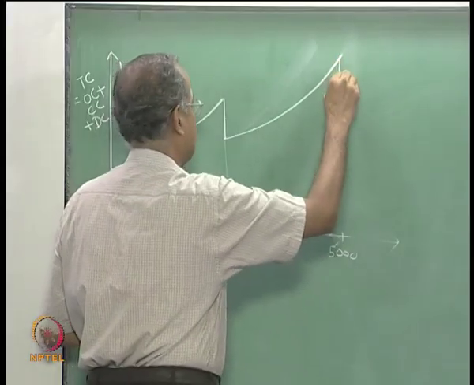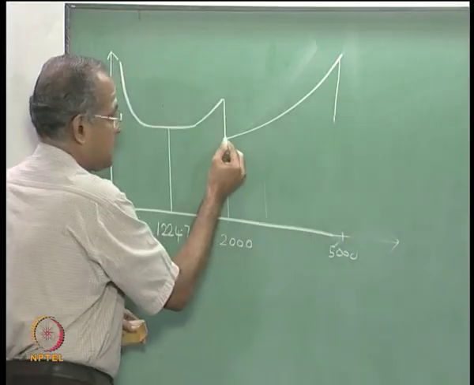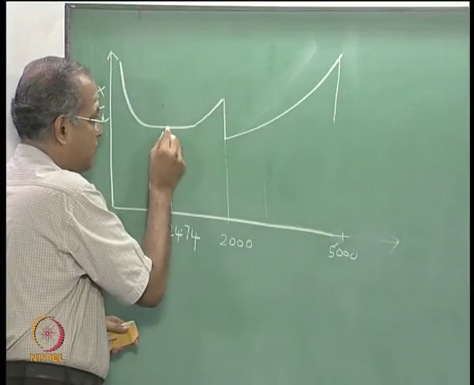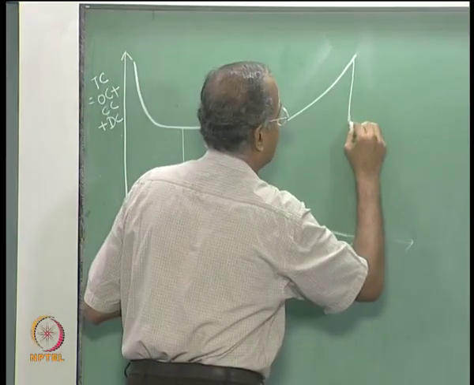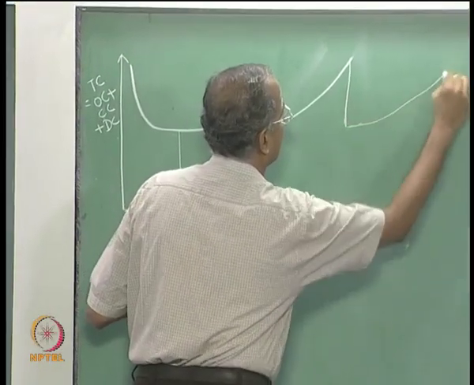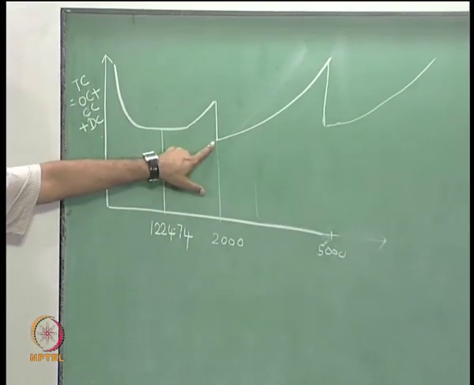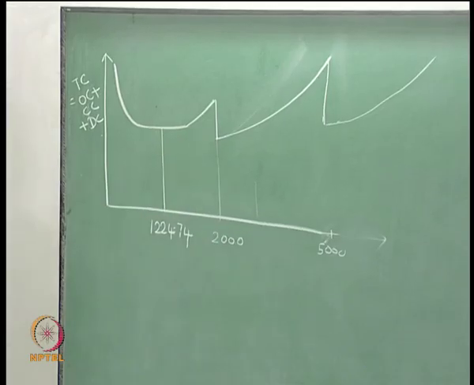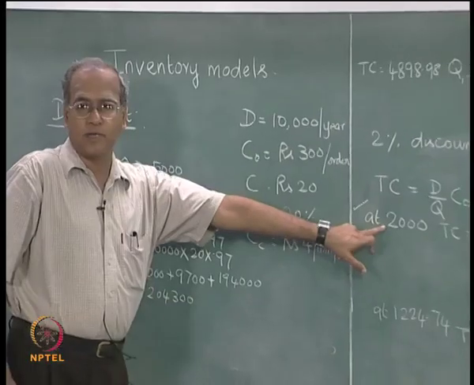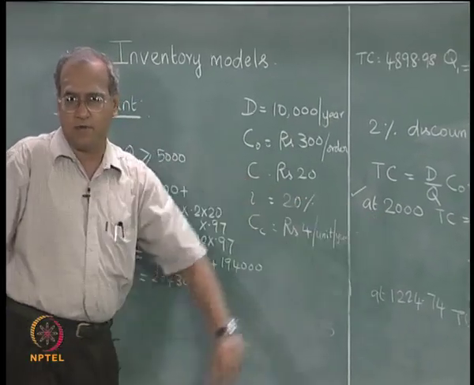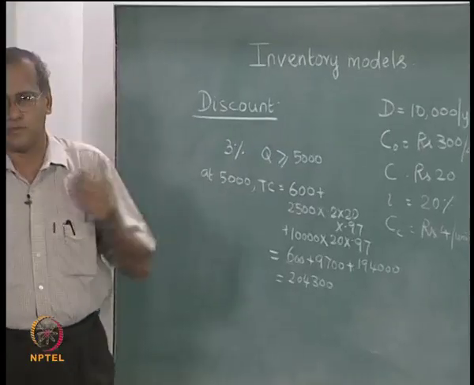So, it comes down and somewhere in the middle, this is still minimum, this is 4898. So, it comes somewhere up to here say, and then it keeps moving like this. So, this is still the optimum price break point, and therefore, we will not accept this, we would accept a 2% discount at 2000 and we will not accept a 3% discount at 5000.